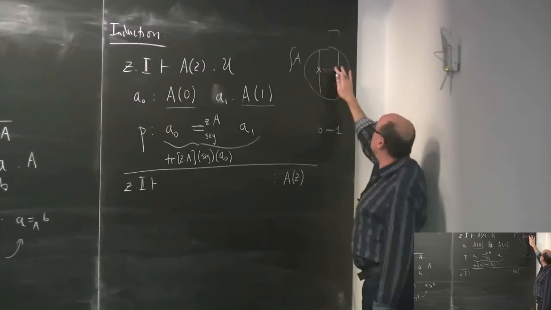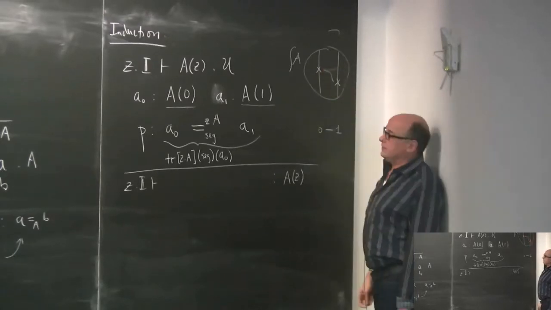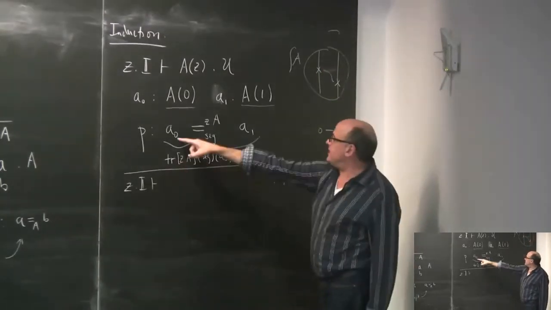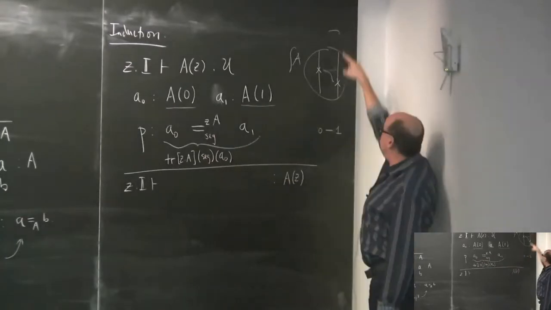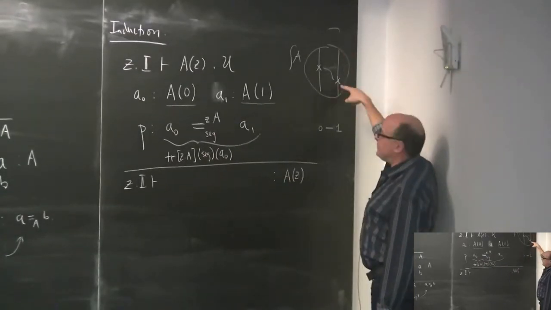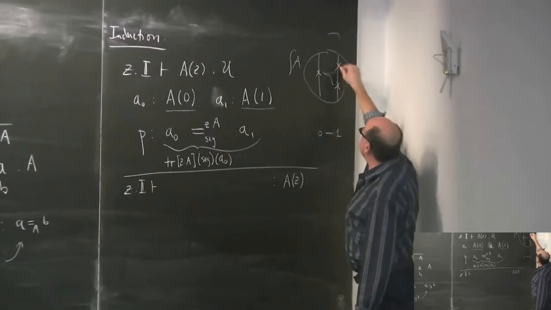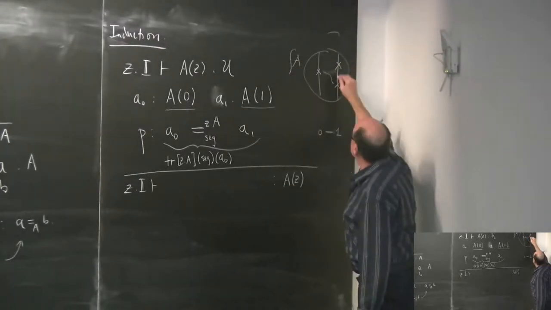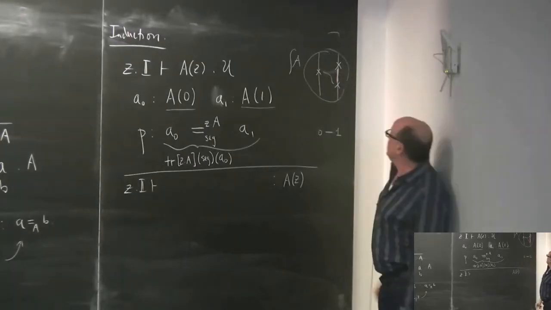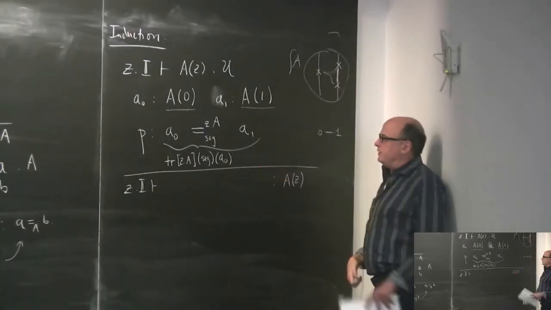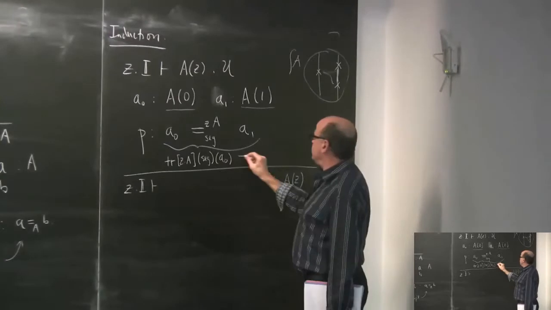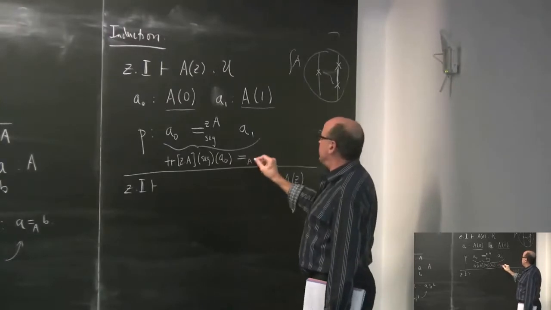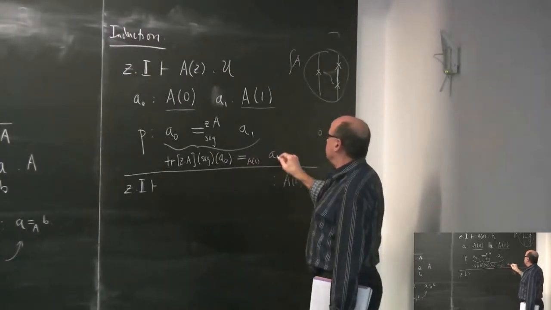So I transport along seg A0. Now I'm at least in the right fiber, the fiber over 1. So that will be the image of A0. Well, this is where A1 will be. And then we're claiming that there's a path, a vertical path, between them. So that's what's being said here: this is equal, in A of 1, to A1.